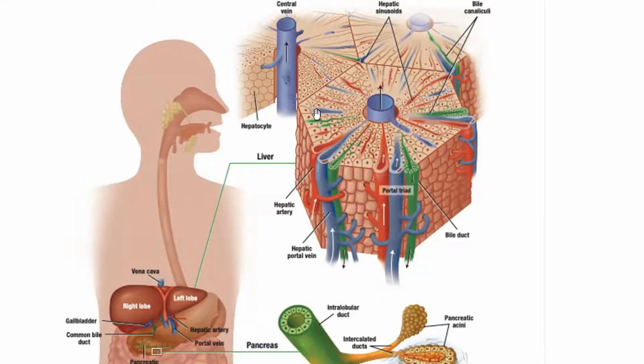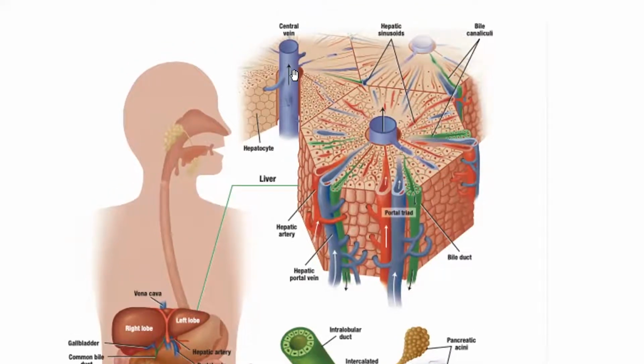Each of these hexagons contains one vein in the center, which we call the central vein. And on the corner of this hexagon, you can see the structure which we call the portal triad or portal area. In each portal area, you have 3 structures. Because of that, we call it a triad.